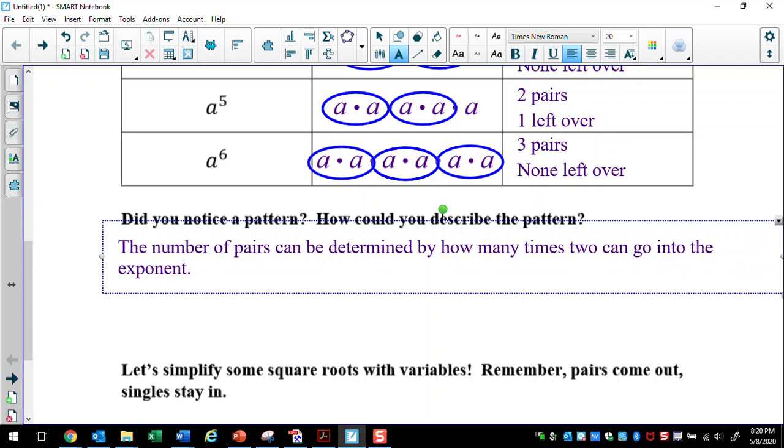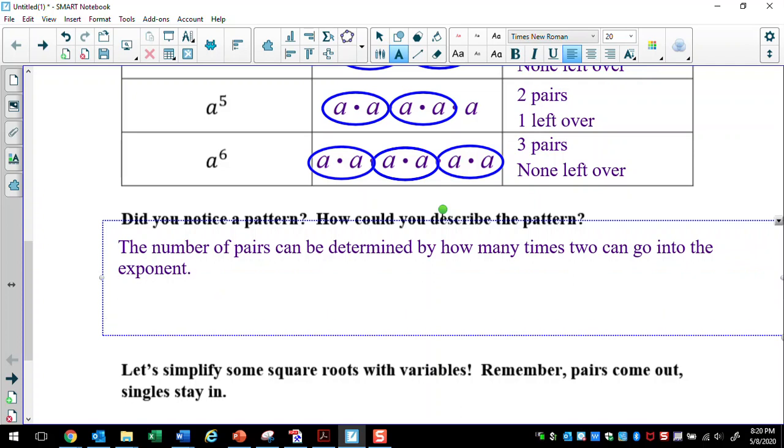So that's one thing I noticed. And then another piece to the pattern, which we already said, was that if the exponent was even, there were no leftovers. If the exponent was odd, there was always one left over.